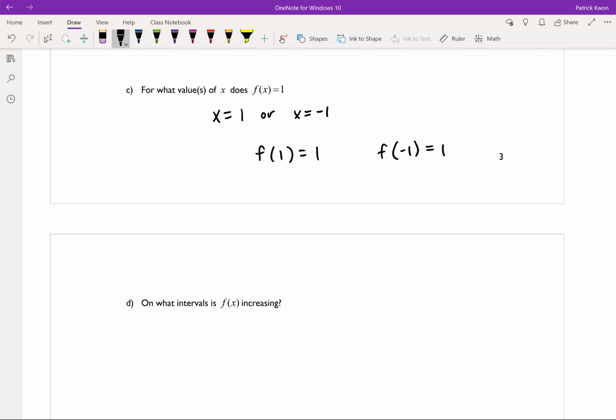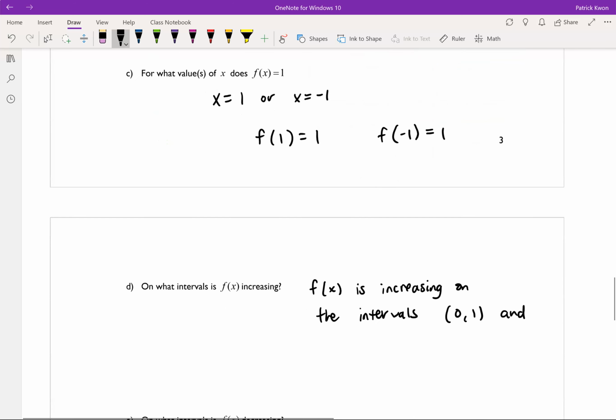But for the purposes of this class, I'm just going to use parentheses. So we can say f of x is increasing on the intervals 0 to 1 and 2 to 4.